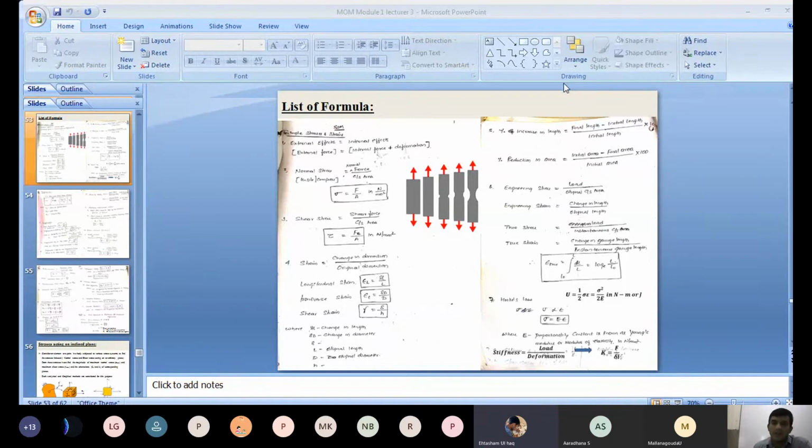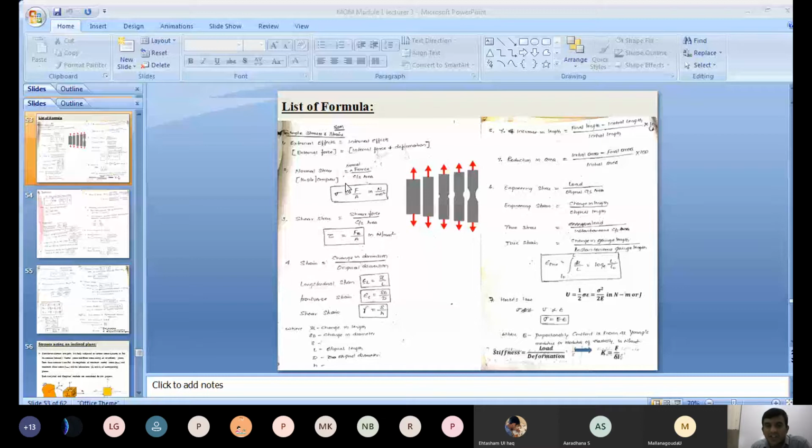Okay, now remember this, or when you come to the material testing laboratory and conduct the tensile test on the specimen, we will use this formula. Remember this formula here. At the same time, what happens to the diameter or the cross-sectional area? If you apply load along the axis, length increases and diameter decreases.